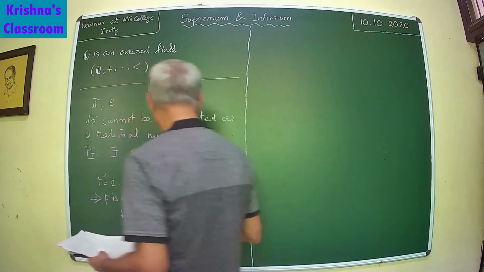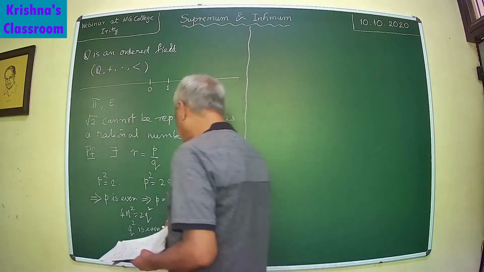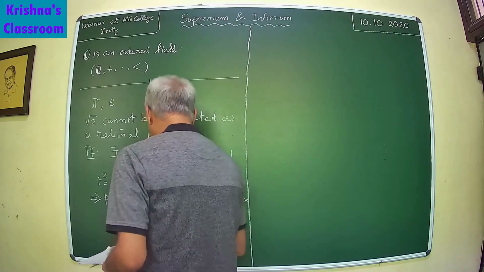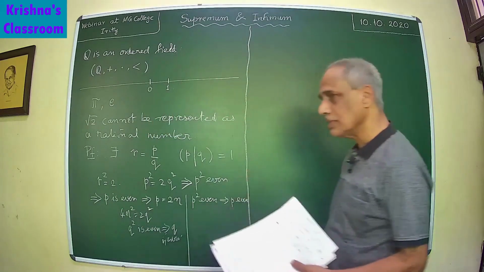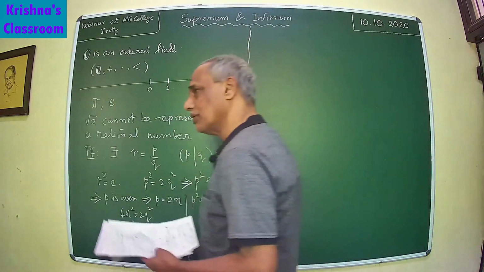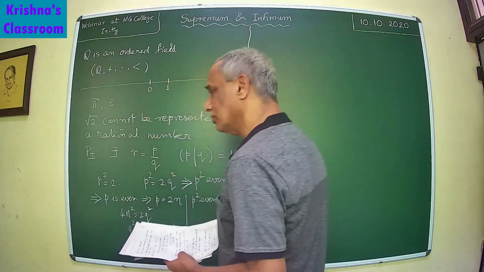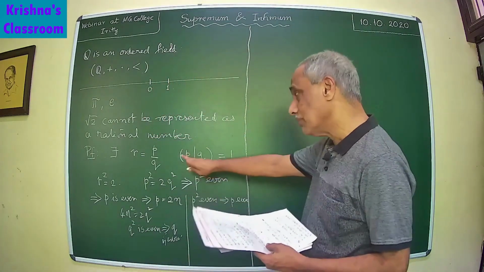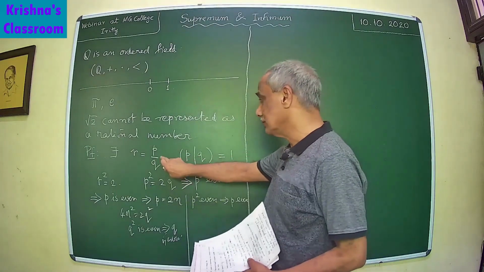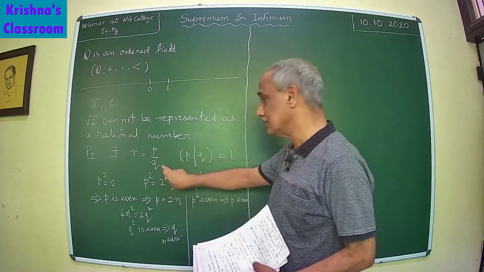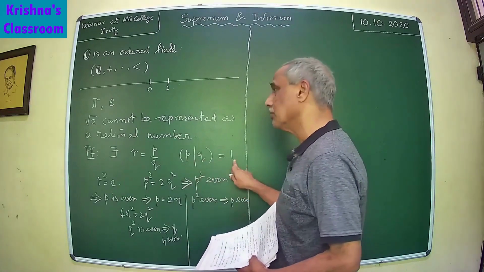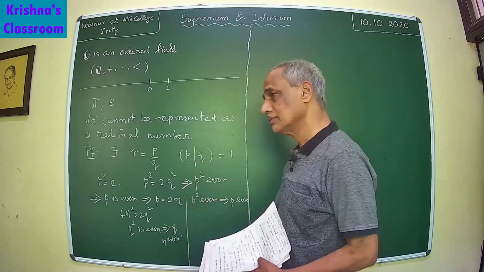If q square is even, then by a similar argument, it follows that q is even. What does it mean? P is even, Q is even, and therefore 2 is a common factor. What we have assumed is that the common divisor of P and Q is equal to 1. So this contradicts that.